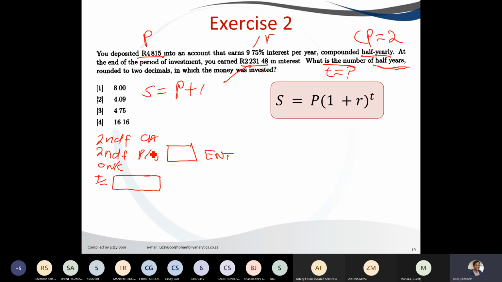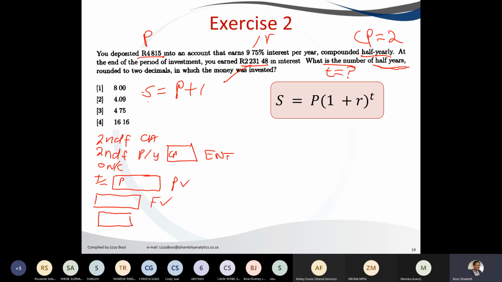My blockies represent the values you need to put in. So this will be your present value and this is your compounding period. Your future value, remember, is your interest plus your present value. Period, that's what we are calculating. So we need to put the rate.